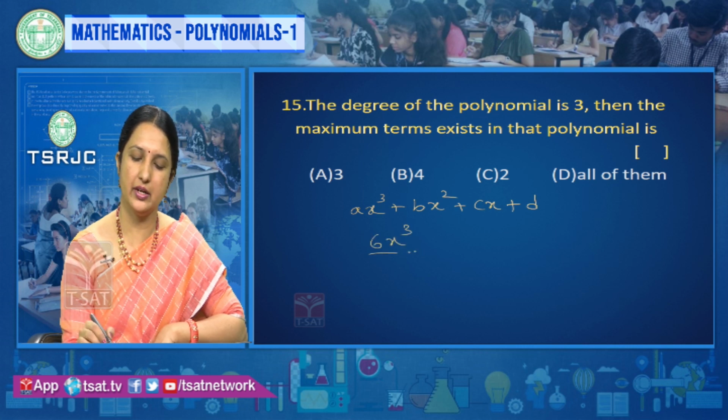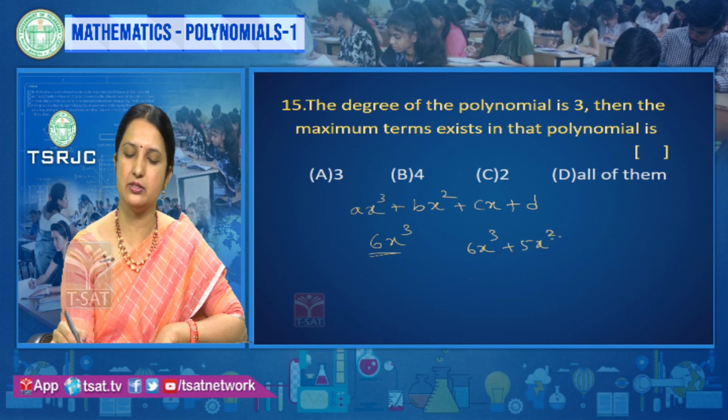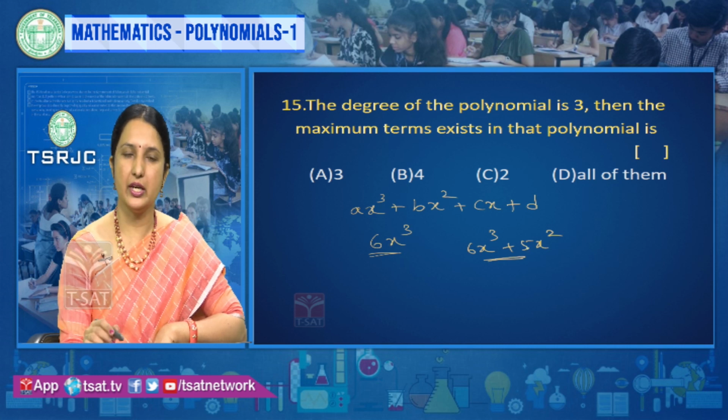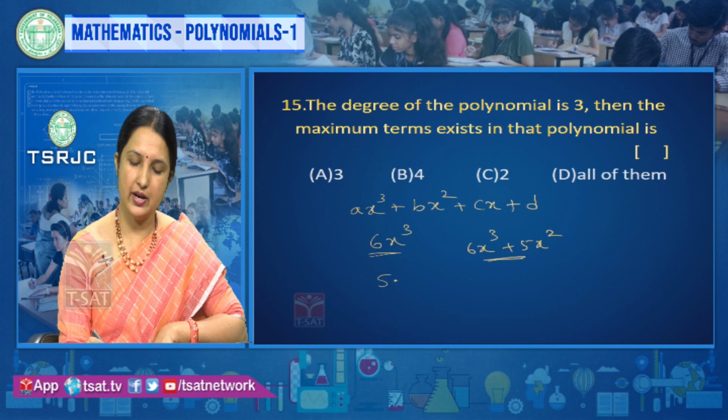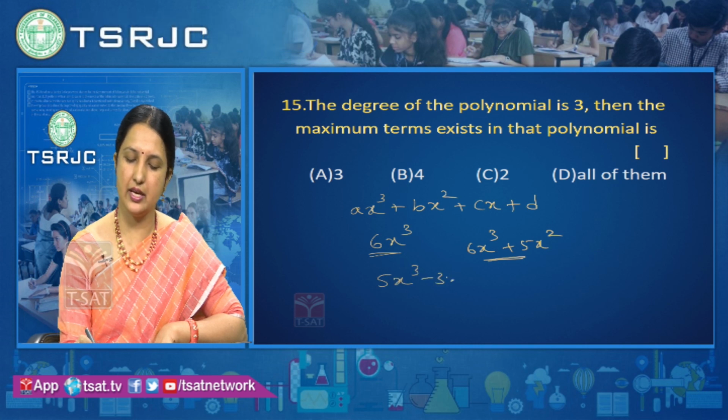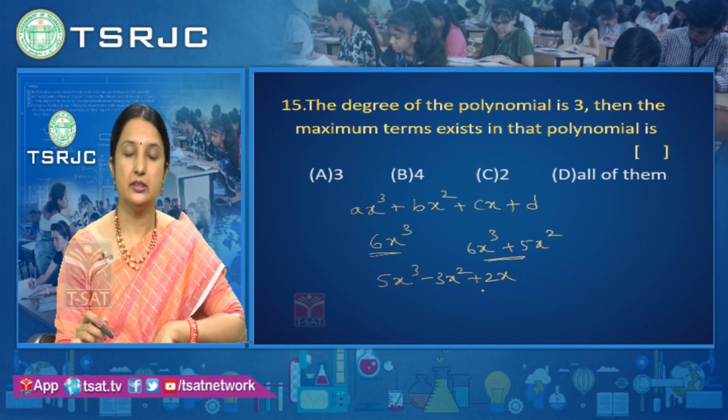6x³ is also a polynomial. 6x³ plus 5x² is also a polynomial. Here it contains only one term, here 2 terms. And 5x power 3 minus 3x² plus 2x is also a third degree, cubic polynomial, but it contains 3 terms.